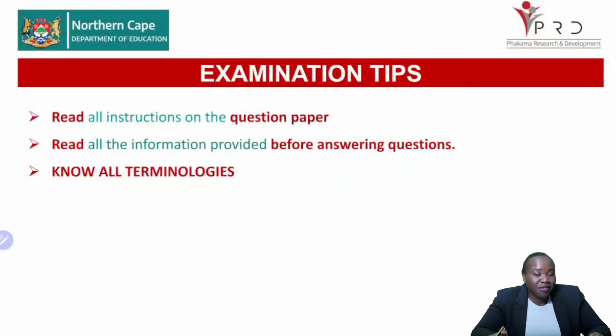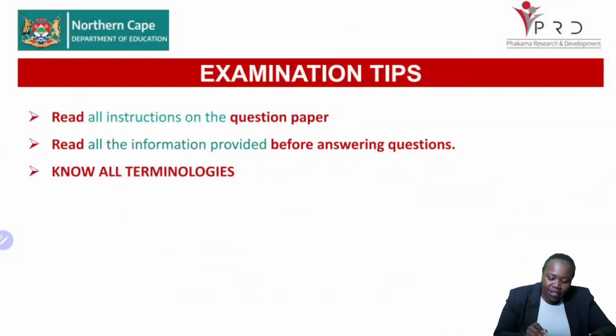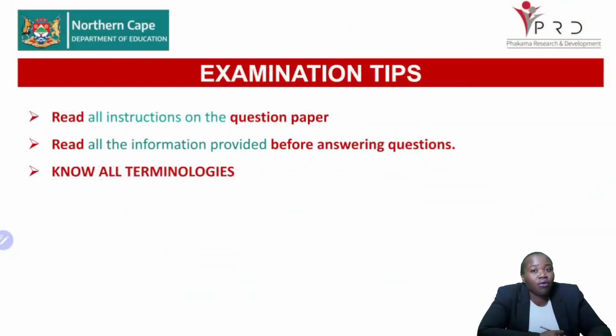Right, and some tips for your exam as you are preparing. Make sure that when you go through your past papers and when you are now writing your final examination, you read the instructions on the question paper. So this can be the instructions on the first page, the first instructions that you come across, as well as the information that is provided before you answer the question.